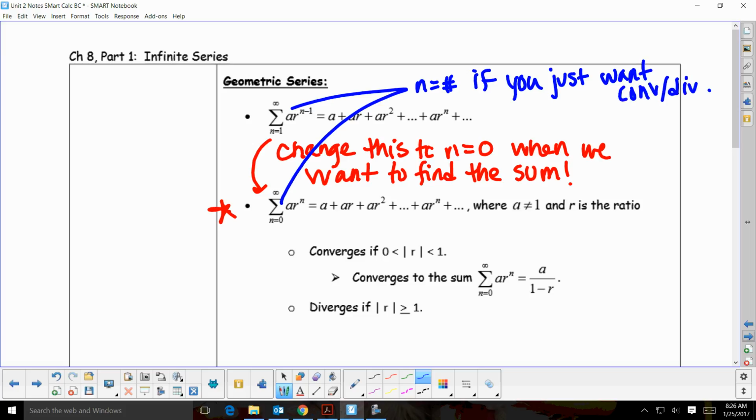But if you want to find the sum, n has to start at 0. If I just want to say, yes, the series converges, it doesn't matter where you start. But if you want to find the sum of what it converges to, we need to start at 0 in order to apply the formula that I'm going to show you.